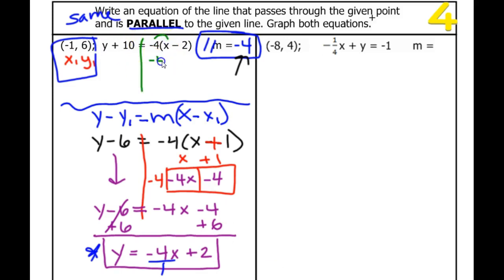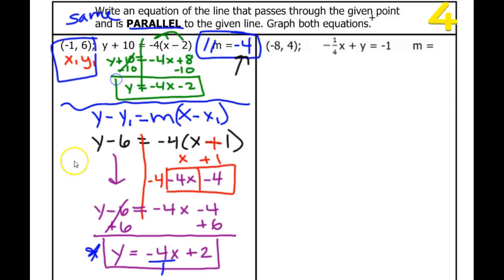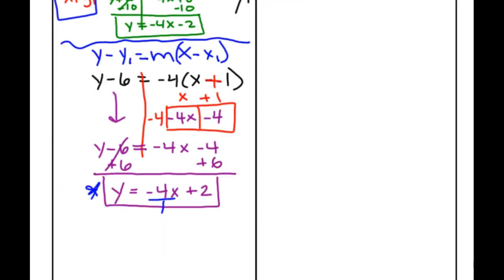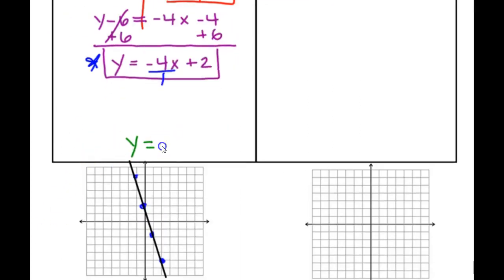Negative 4 times x is negative 4x. Negative 4 times negative 2 makes a positive 8. And we need to get y by itself, so I'd subtract 10. And we would have y equals negative 4x minus 2. I'm just going to write that down here.